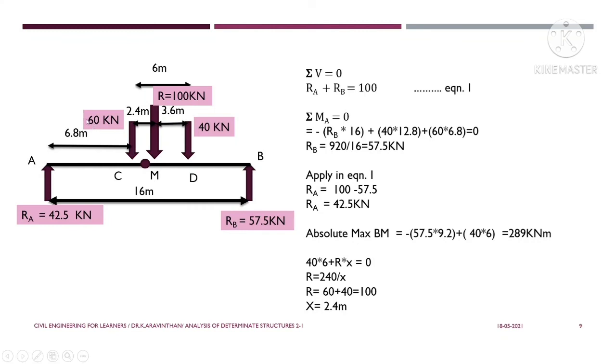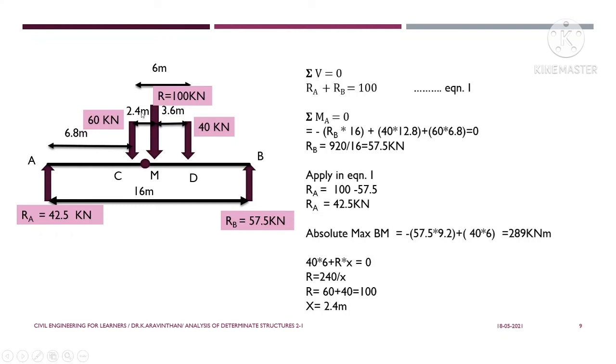I once again repeat, the 60 kilonewton load and the resultant of 100 kilonewton load have to be taken, and you have to find the distance between these two, which is 2.4. You have to divide this by 2, that is 1.2. This point should match the midpoint. So this is the place where you will be getting the absolute maximum bending moment.